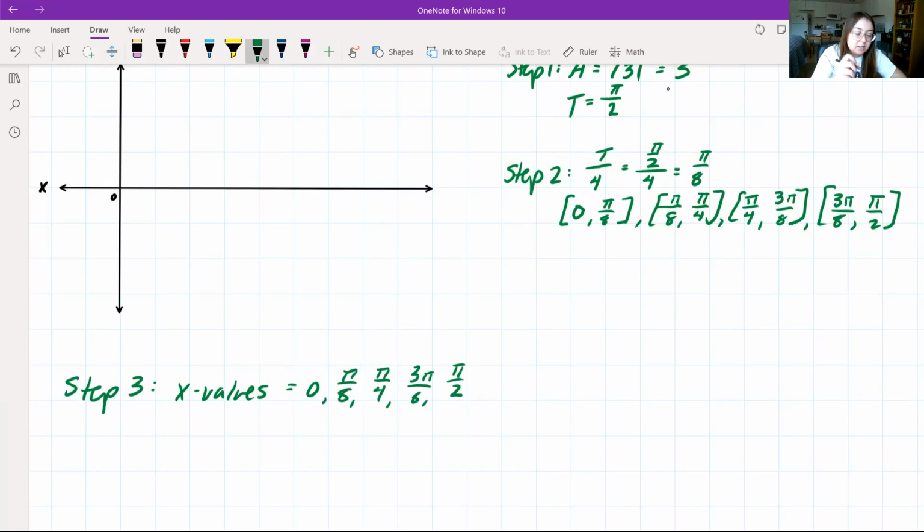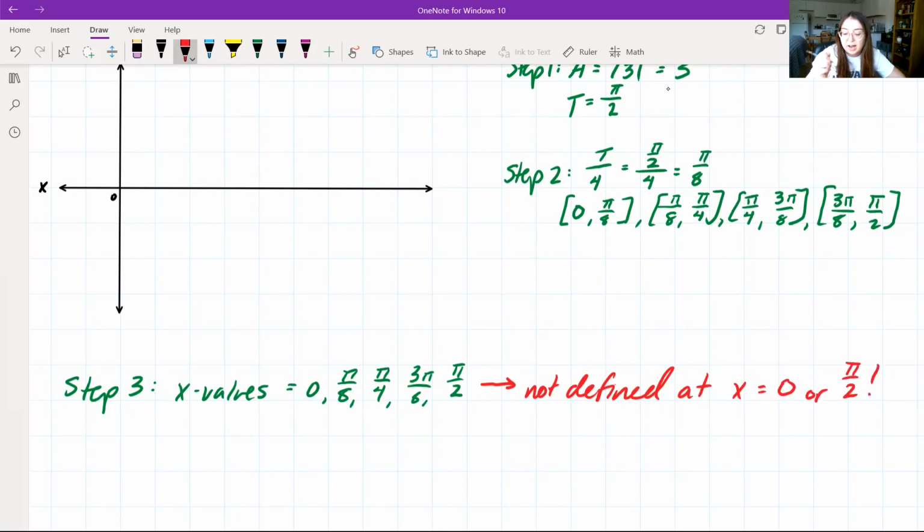These would be our x values, but our function is not defined at x equals 0 or pi over 2. That signifies our period, or the endpoints of our period.